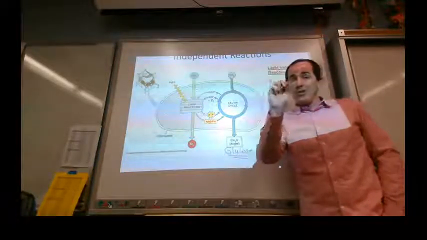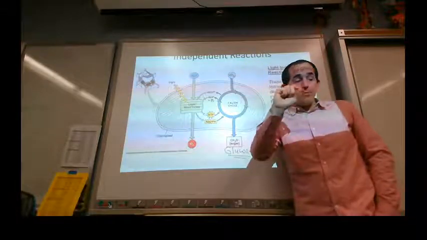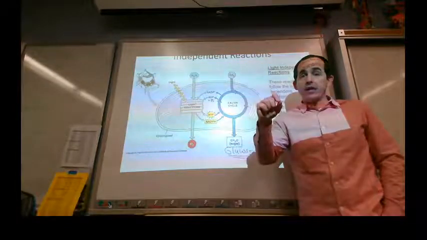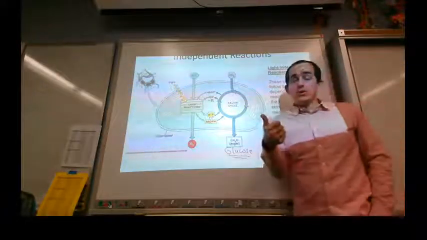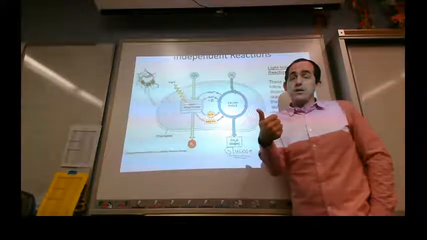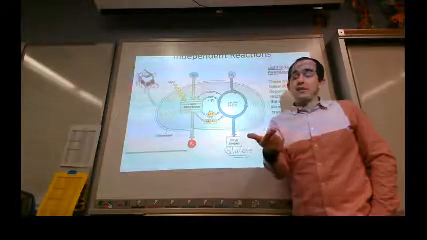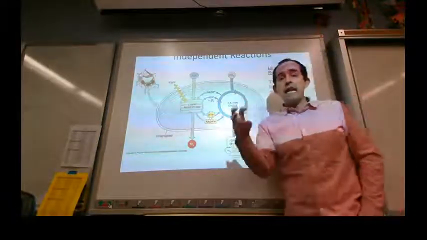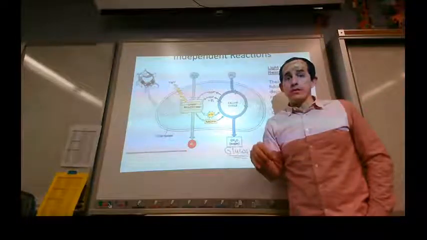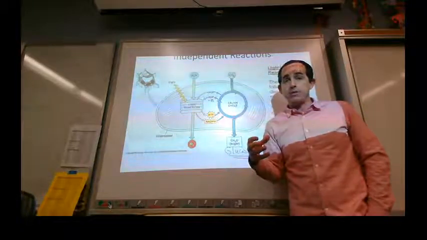They require those peripheral accessory proteins to move the electrons. They also require NADP plus reductase and that ATP synthase. So these reactions need all of those different types of membrane proteins.